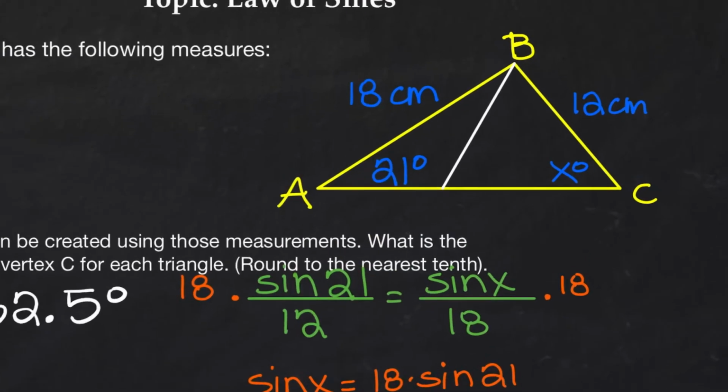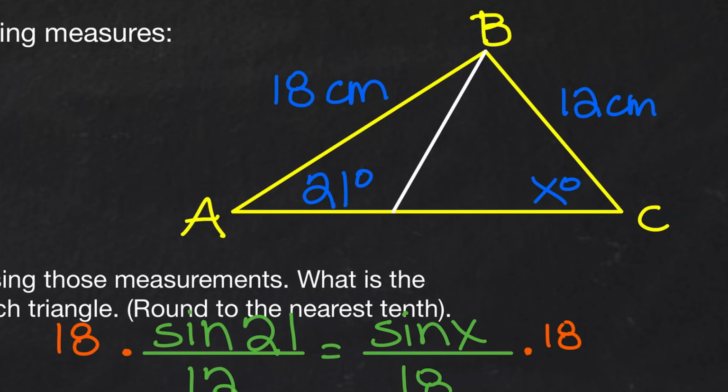So what we know is that if this leg is 12, we know that this leg here also has to be 12. And then we already found the measure of x here. It's 32.5. So if this is 32.5, we know this angle has to be 32.5. So C2 is this obtuse angle here.